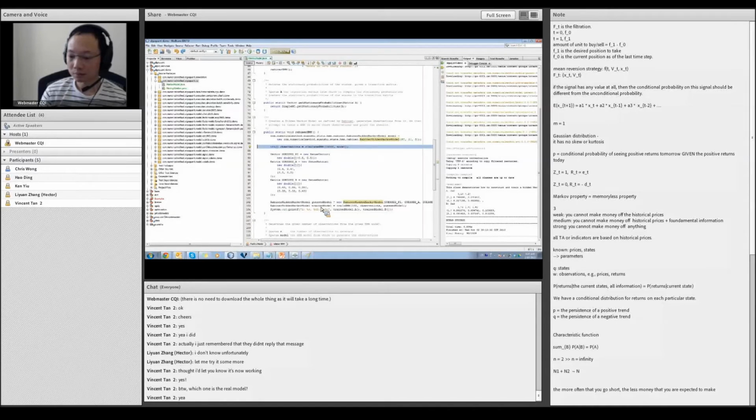So you notice that in this case we are generating 10,000 observations. Did someone try fewer observations? Like if you put in 100, what happened to the estimation? So try that. It's very important.